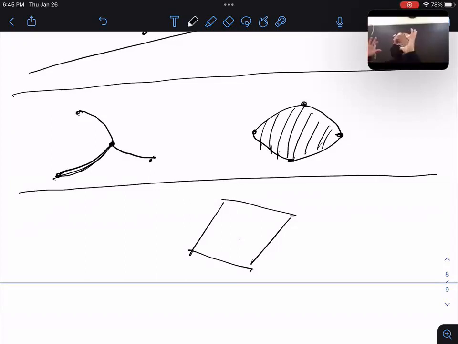An ellipsoid is like an American football, roughly. The cross sections are ellipses.